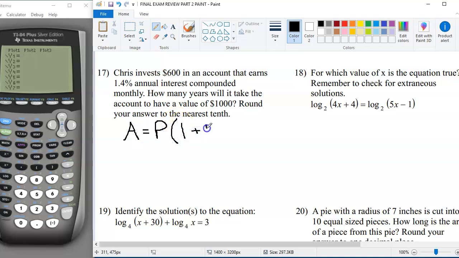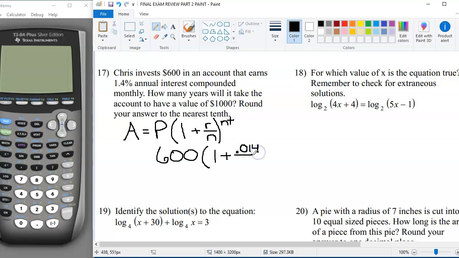Rumor has it you're going to be provided with some of them, but either way, you should probably keep track of what's going on. All right, so what we have here is a starting amount of 600. The annual interest is only 1.4%, which quite honestly, that's pretty lousy, but that's okay. We'll just move on.